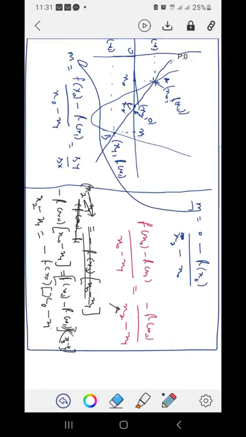I'm trying to go as slowly as possible so that you'll be able to follow. Of course, we have to divide everything by fx naught minus fx1. Okay, so we have arrived at a very convenient junction now.